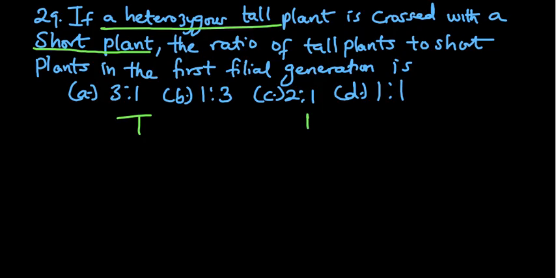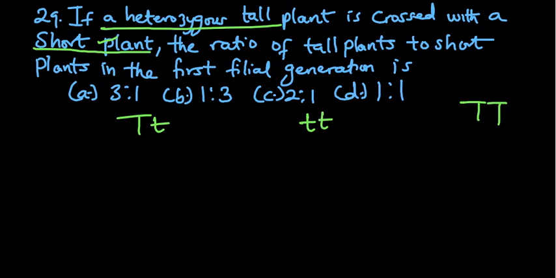Heterozygous means it will not be TT; had they said homozygous, it would be TT. So it will be T and small t. Short is a recessive gene, so before short can show itself, it must be homozygous. So this is how we do it.